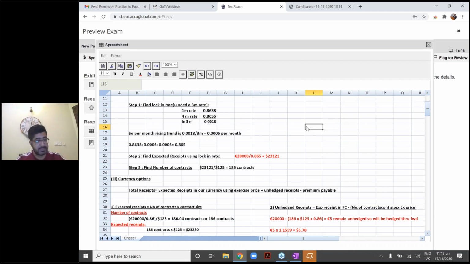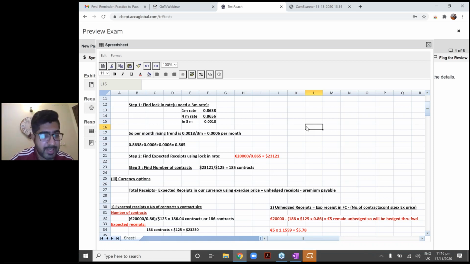This was an indirect quote. Yes, in option, it's an indirect quote. In indirect quote, we divide, but this unhedged is being hedged through forward exchange contract. So in forward exchange contract, the quote is direct. You apply this €5 receipt through forward exchange contract. It's a direct quote. It's multiply. Lower selling, higher buying receipt. Selling rate 1.1559. It makes 5.78.